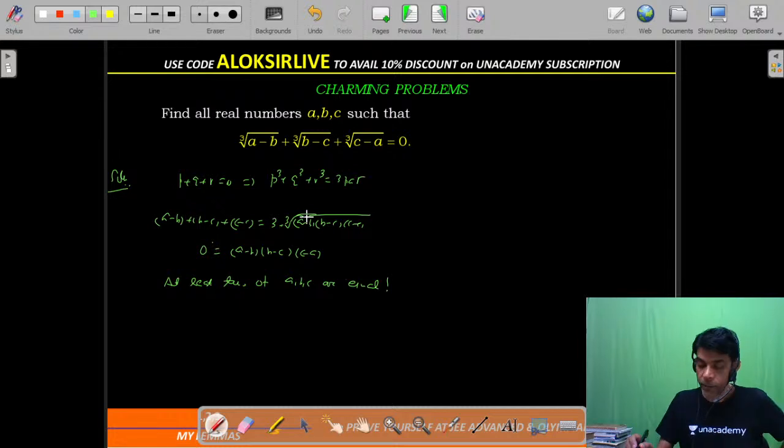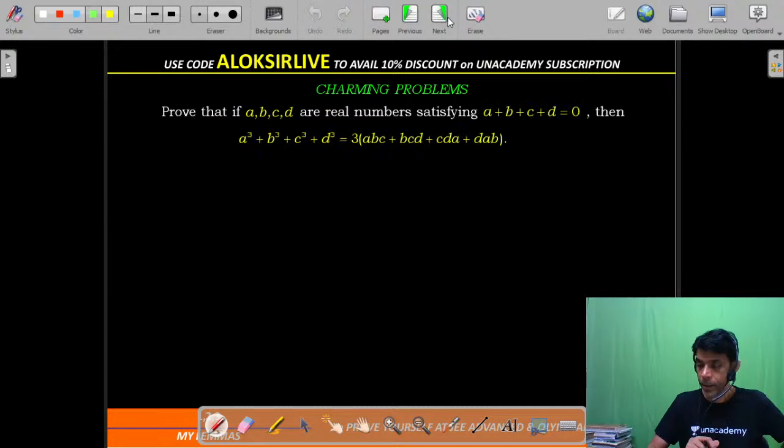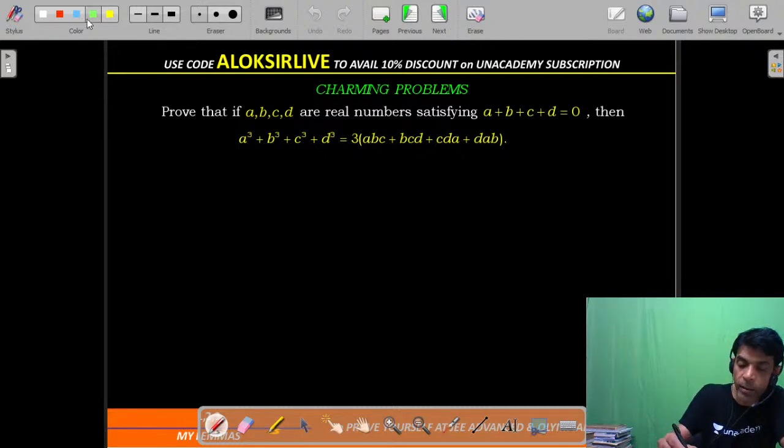Find all real numbers given, because cube root is defined and all things. Next is this identity, which you can try to prove for a moment, because what is happening here is that it is an extension of this one.